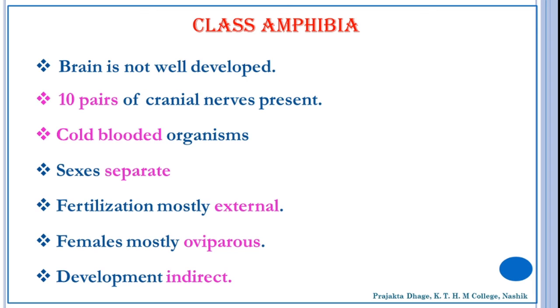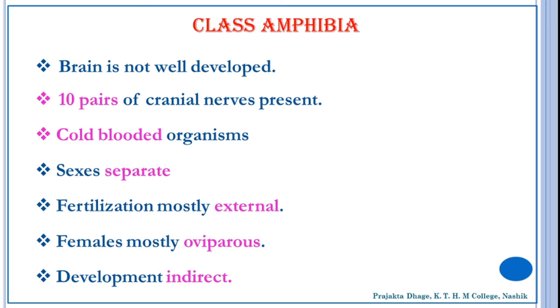Now the fertilization is mostly external. In external fertilization, both the sperms and ova are released outside the body of the organisms, and outside the body the fertilization occurs. Such type of fertilization is referred to as external fertilization.